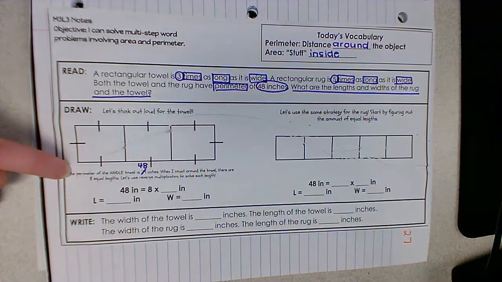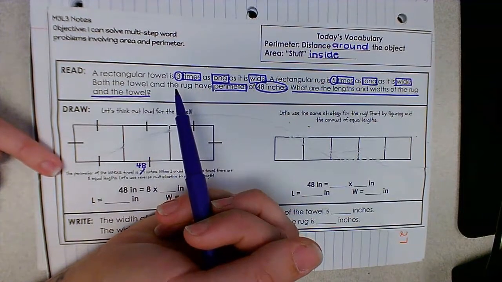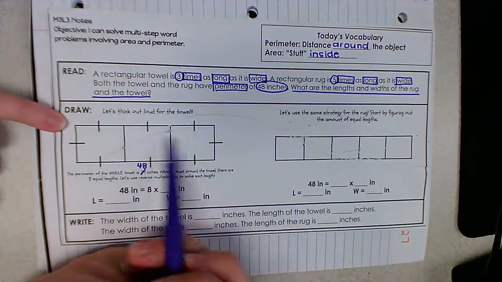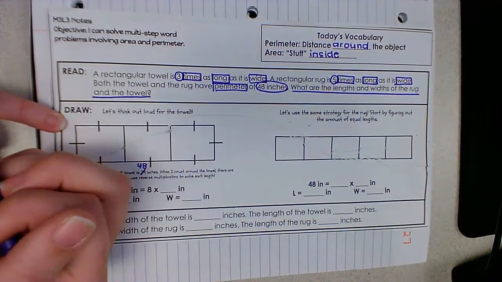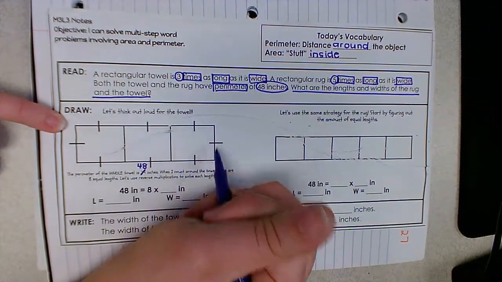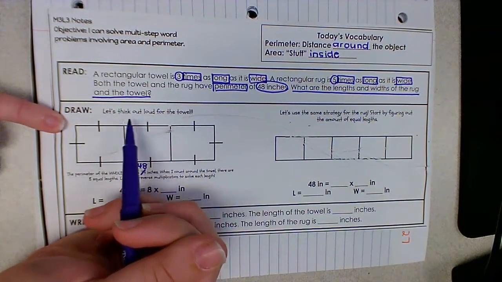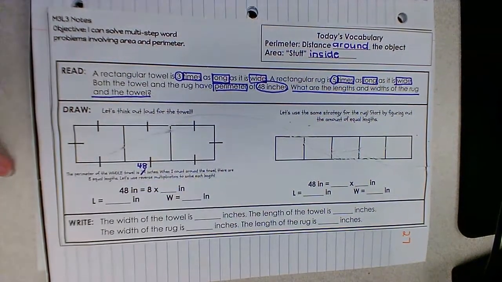How did I get 8 equal lengths to begin with? Remember that our word problem says that the towel is 3 times as long on one side as it is on the other. So if this side of the towel represents 1 length, the other side of the towel is 1, 2, 3 times as long.